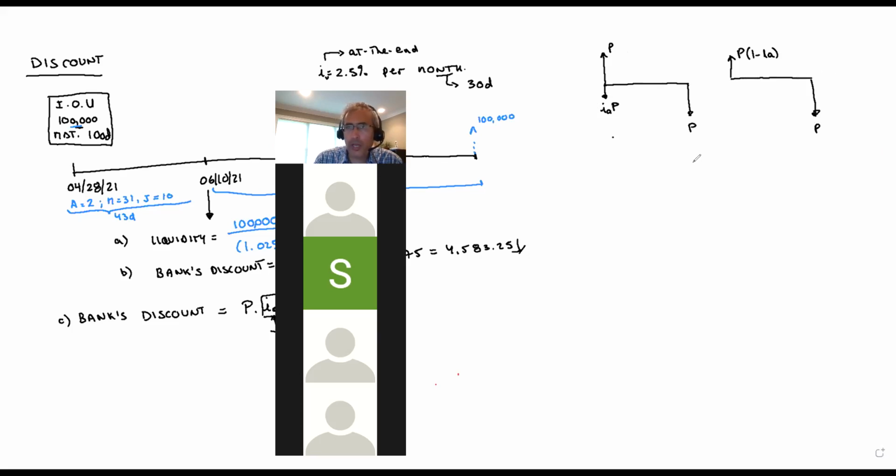Then I can compute now my regular IB. This is the interest rate that I always pay at the end. So this is the regular one. It's computed as P minus P(1 minus IA) over P(1 minus IA). If you simplify this, the P goes away, the 1 goes here, so IB equals IA over 1 minus IA.